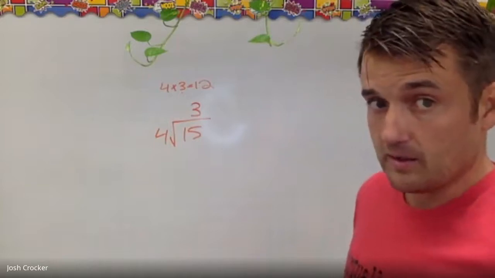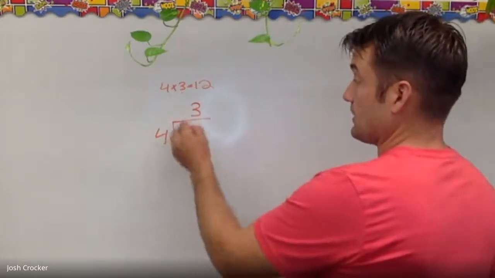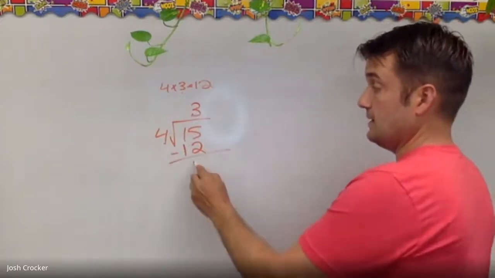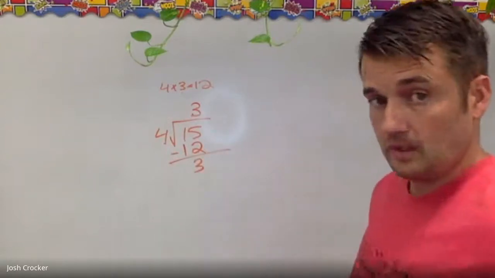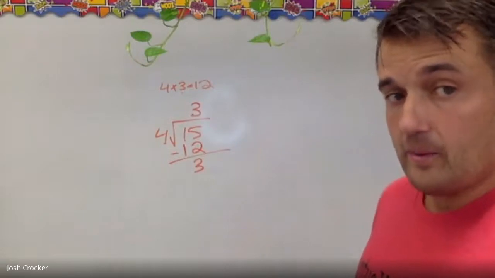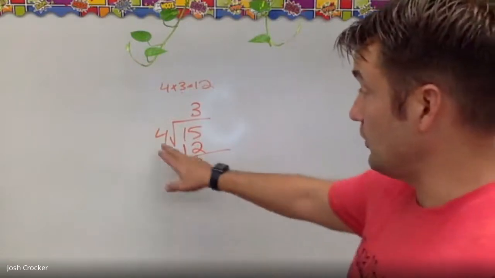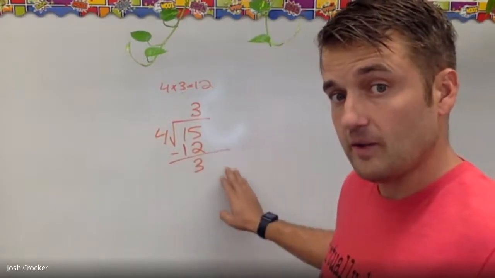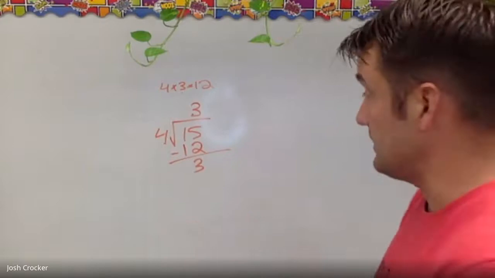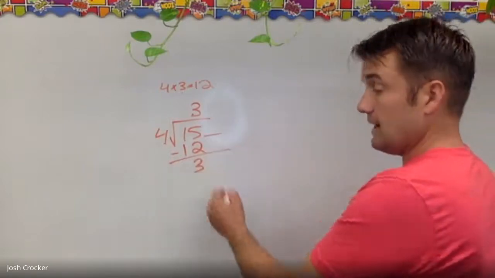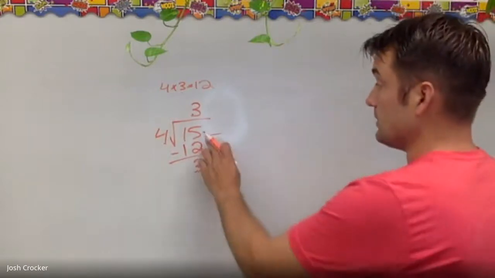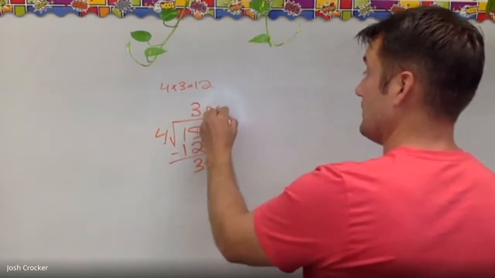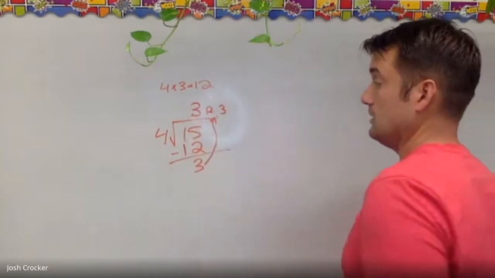The product would be 12. Okay, so 4 times 3 is 12. And now I subtract, and that tells me 3. So what I just said here was that 4 groups of 3 is 12. And if we're working from 15, there would be 3 left over. So when you have nothing left to bring down, this number that you get from your subtraction problem, that's a remainder. Remainder 3.